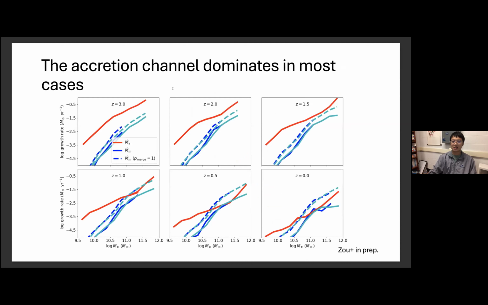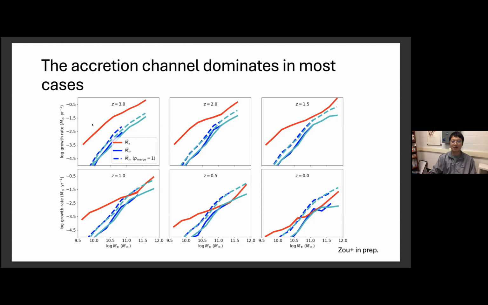We also measure the growth rate in each channel. Here I'm showing the growth rate versus stellar mass in the accretion channel, which is shown in the red curves, and the blue and the cyan curves showing the merger-driven growth rate. These red ones are just our black hole accretion rate from the first part of this talk.